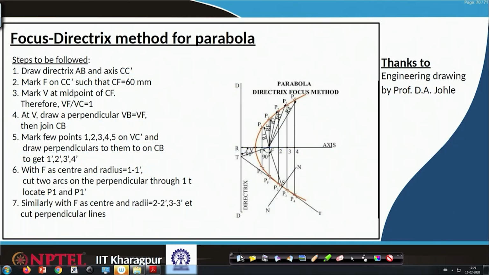Let us erase this, we have already done 1, 2, 3 points.